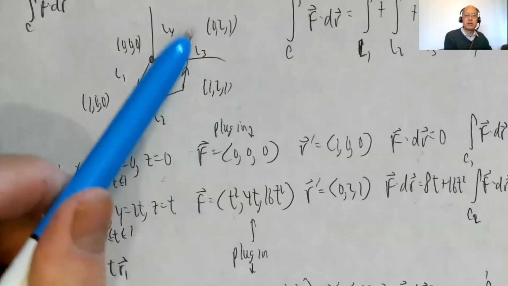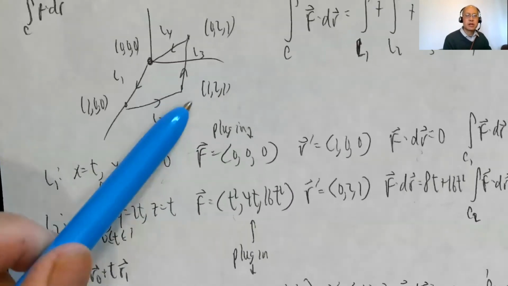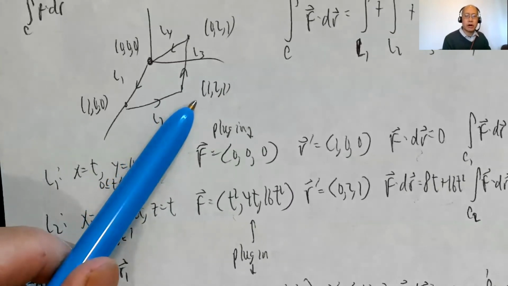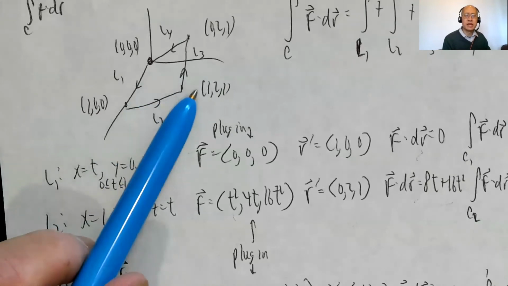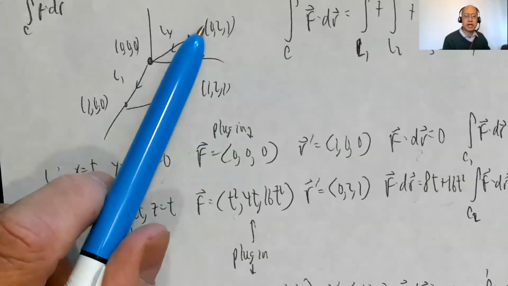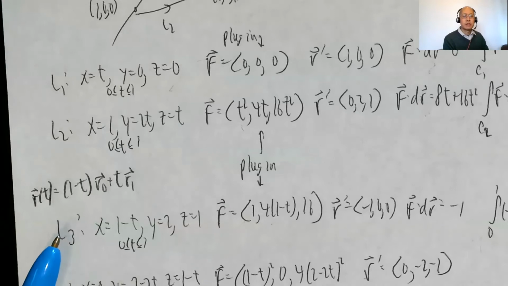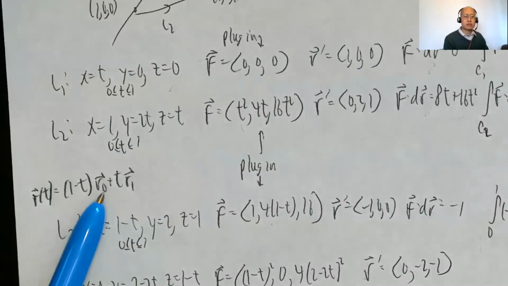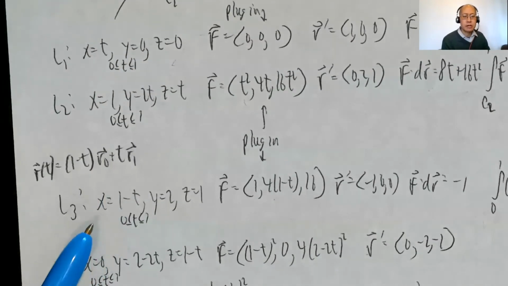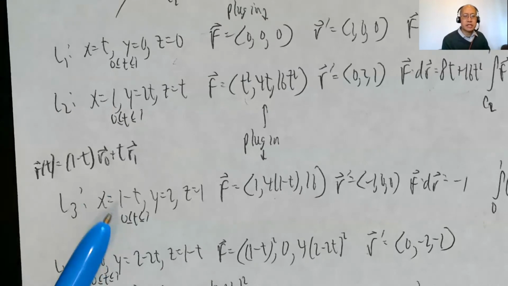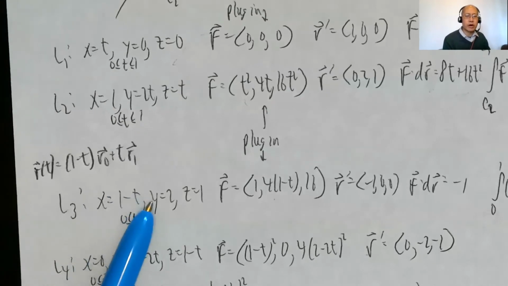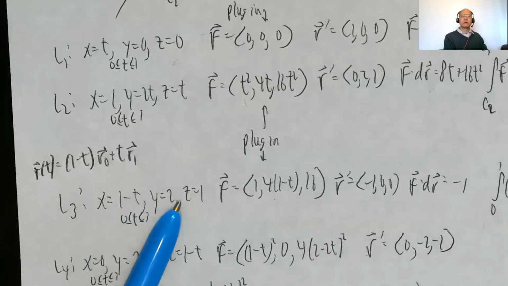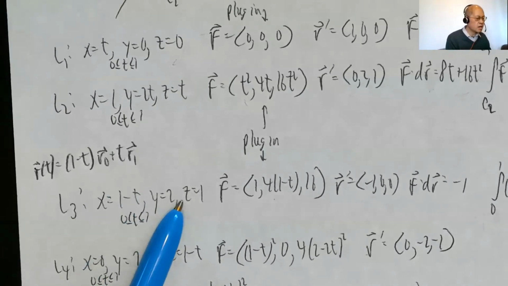L3, from here to here, okay, so you can use that formula where r of t is what? 1 minus t times this vector plus t times that vector. So here we are, 1 minus t r sub 0 plus t r sub 1. All right, so x is 1 minus t, y is 2, z is equal to 1 constantly.